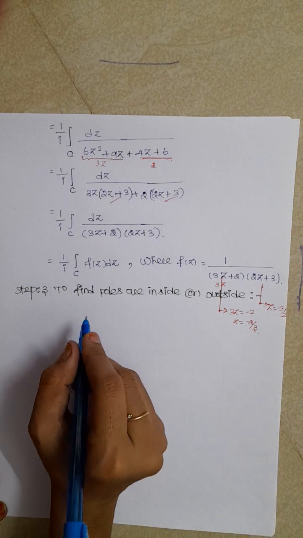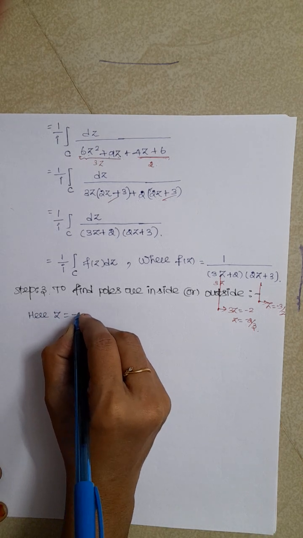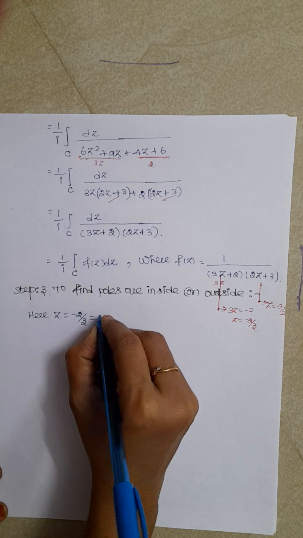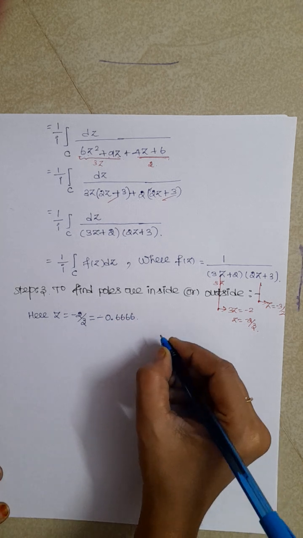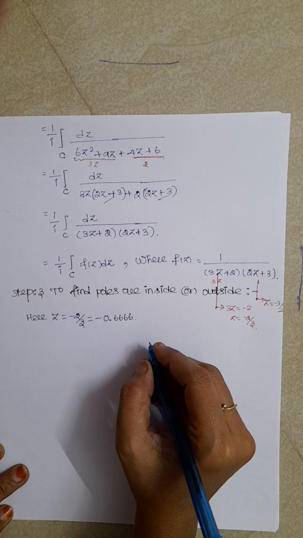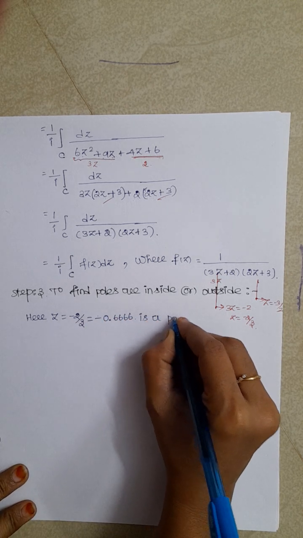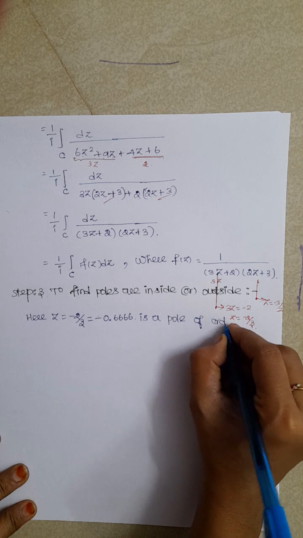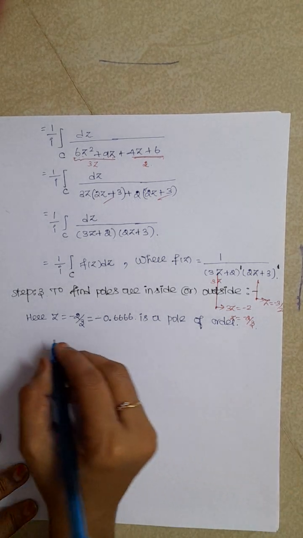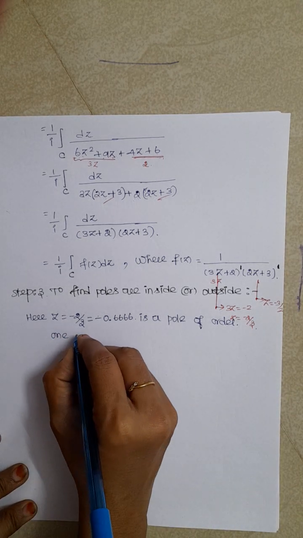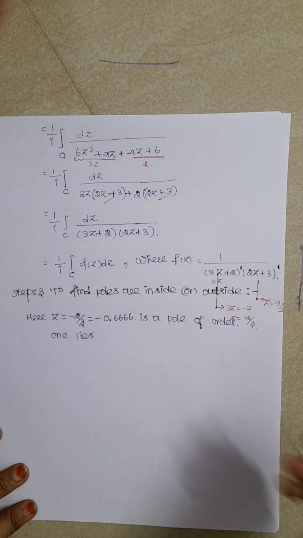Okay. So here z equal to minus 2 by 3. Minus 2 by 3 value is minus 0.666. Okay, this value is a pole of order 1. Does it lie inside or outside?